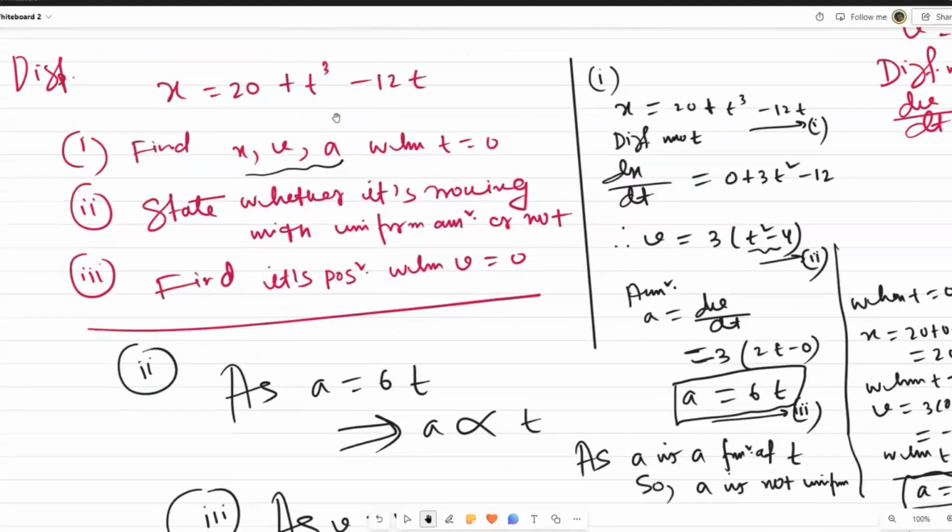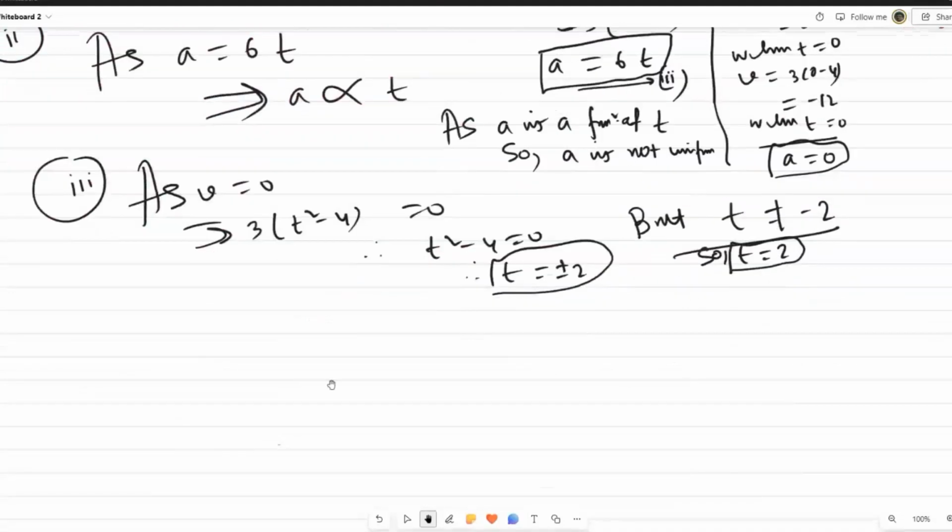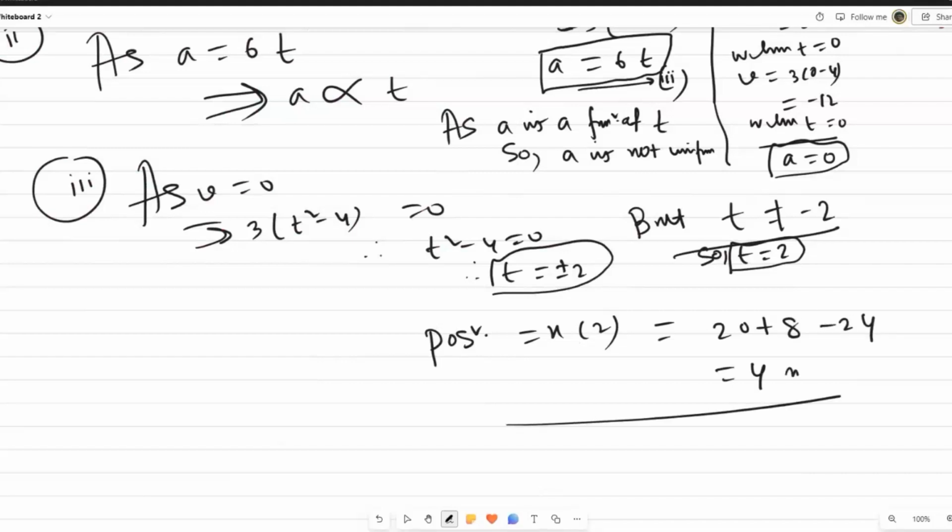By putting t into the expression, you can get displacement. So, position of the particle x2. x2 means at t equal to 2, for the expression of x, you put 2. It is 20 plus 8 minus 24. That is 4 meter. Okay? Yes. So position x2, which is equal to 4 meter.